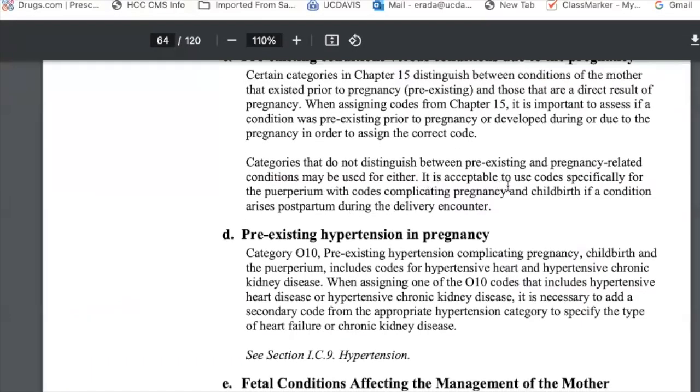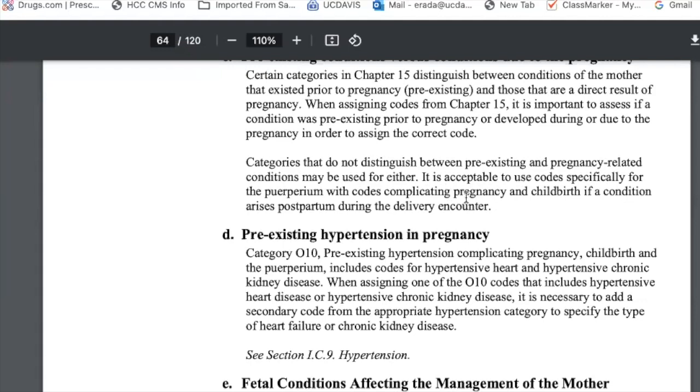Categories that do not distinguish between pre-existing and pregnancy-related conditions may be used for either. It is acceptable to use codes specifically for the puerperium with codes complicating pregnancy and childbirth if a condition arises postpartum during the delivery encounter.